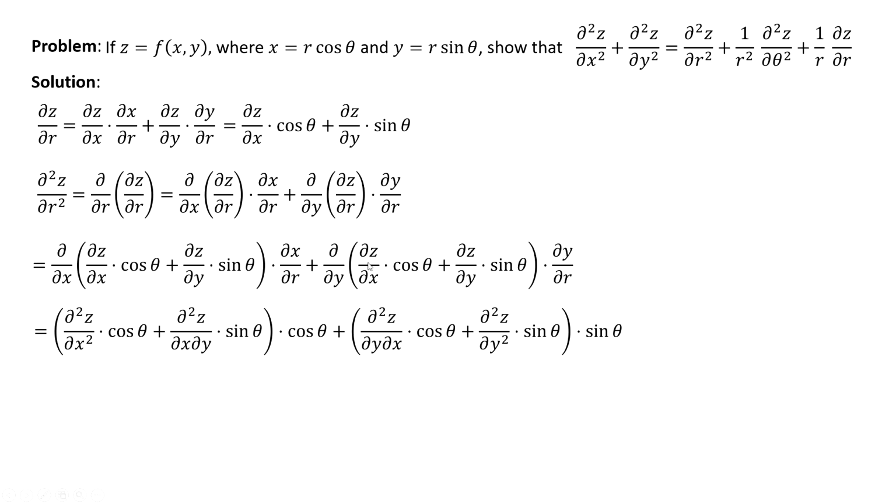And second partial z with respect to y and x times cosine theta, and so on. All right, so that ends up being, we have a cosine theta times cosine theta, and we end up getting this. All right, you can pause the video and look at it, or maybe take a piece of paper and write it and check for yourselves.